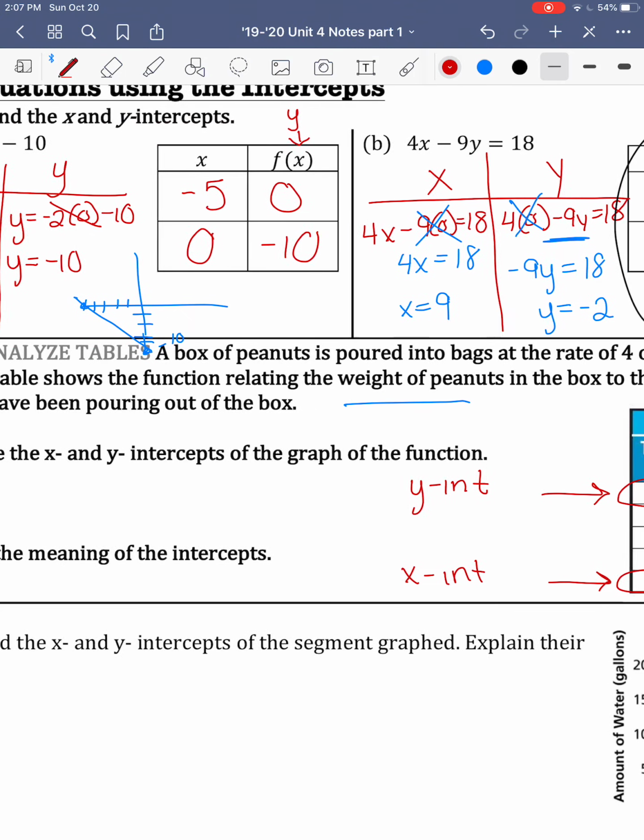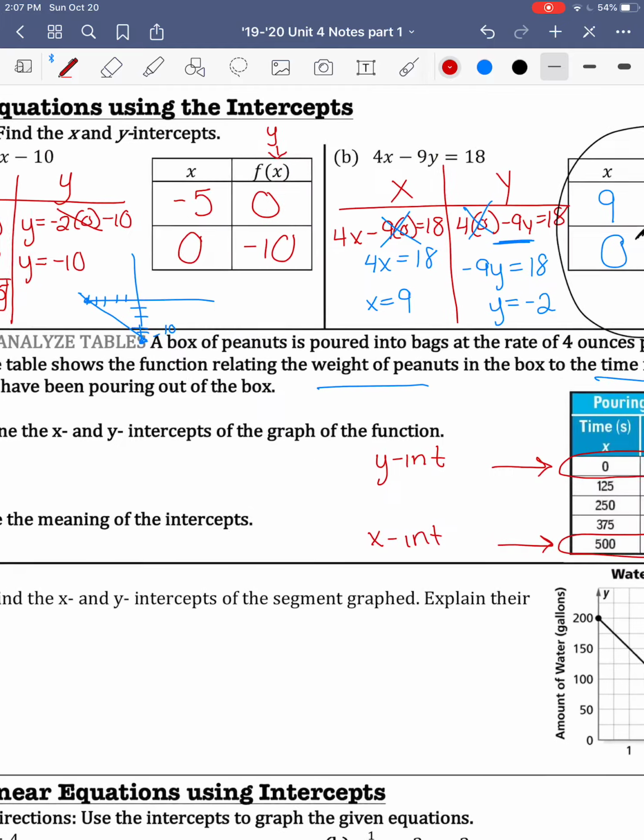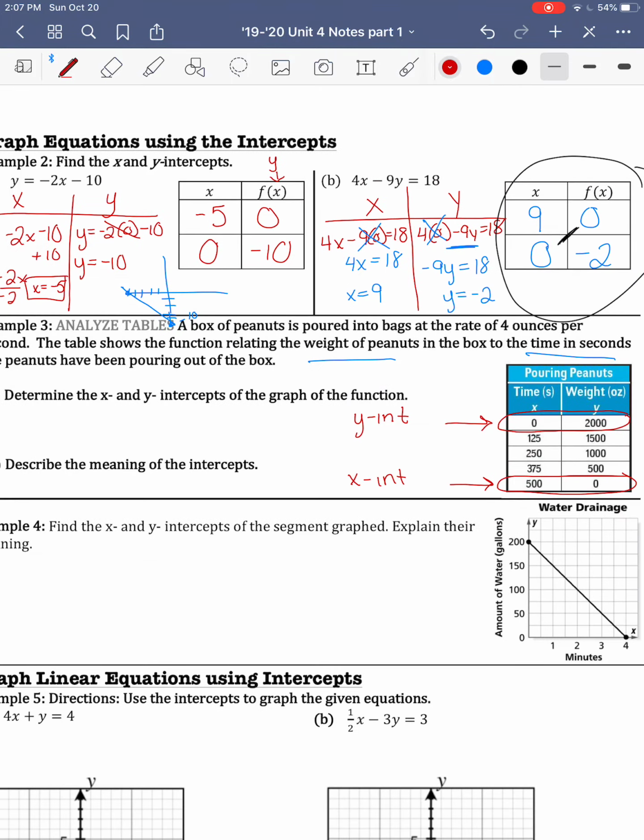Okay, so what does that mean? The y-intercept is my starting place. So in this case, my y-intercept means where the box weight, I suppose, started.